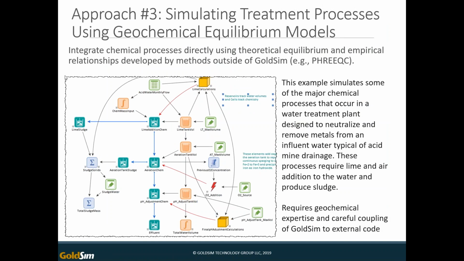Before we wrap up, I want to talk about this third approach. This third approach is, what if we actually wanted to model the chemistry properly? So we can integrate chemical processes directly into GoldSim, right?